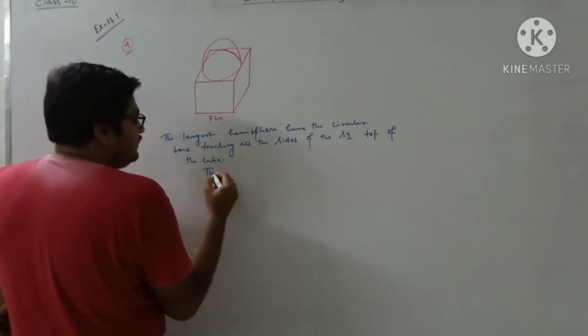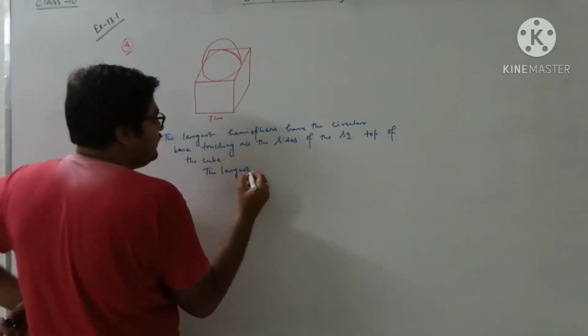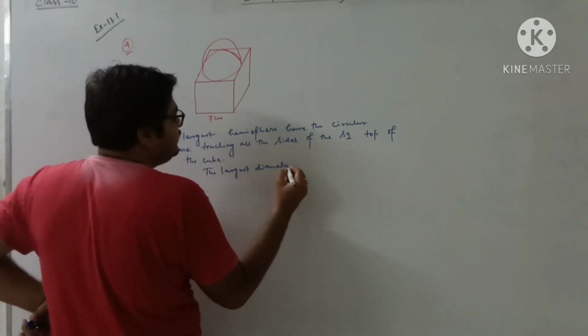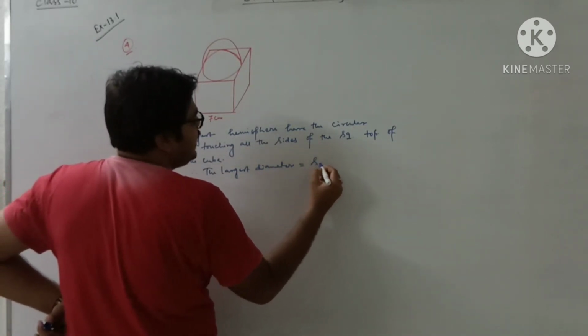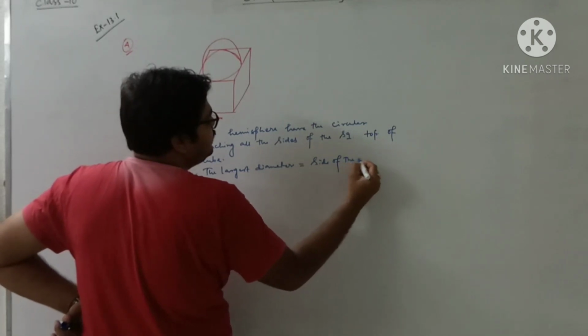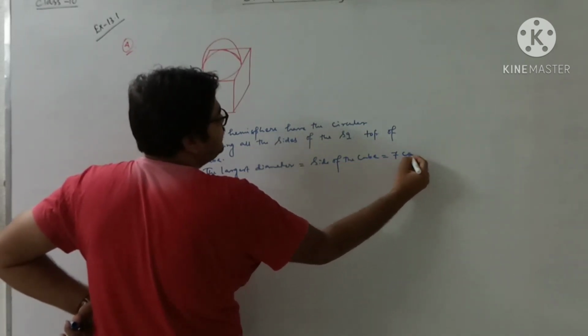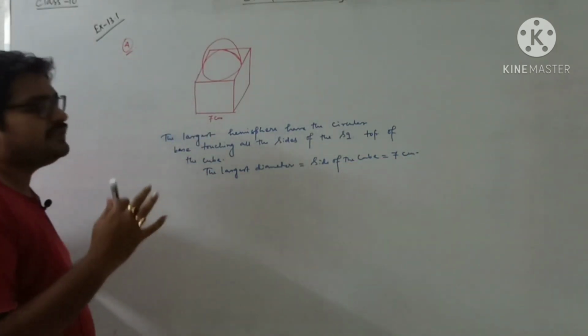Therefore, the largest diameter is equal to the side of the cube, equal to 7 centimeter. That was the first part.